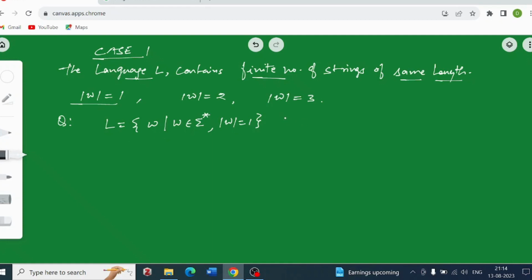In this example, the input alphabet sigma is given as a, b. That is, all strings are created by using the symbols a or b. These are called input symbols.